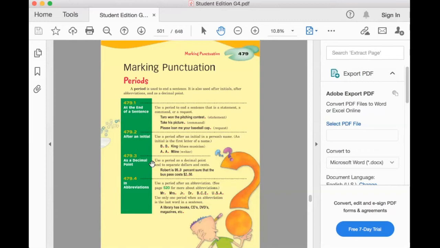See page 520 for more about abbreviations. Use only one period when an abbreviation is the last word in a sentence. A library has books, CDs, DVDs, magazines, etc.